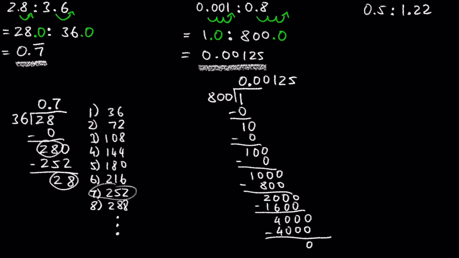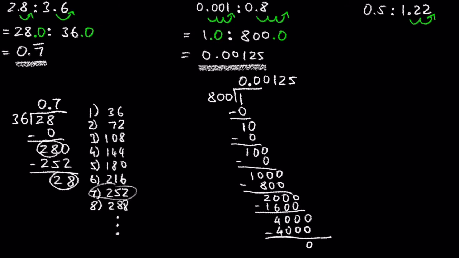Let's look at 0.5 divided by 1.22, where the dividend has less decimals than the divisor. Again, the first thing we have to do is to make a 122 out of 1.22 by moving the decimal point 2 places to the right.